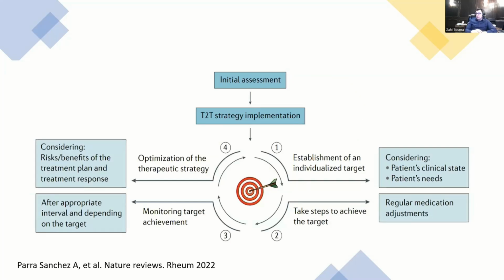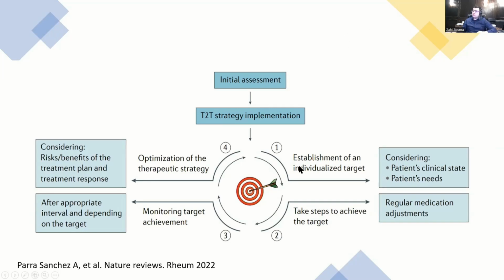So all this needs to be established, and this will be done step by step. But if we want to simplify this, and again, this is based on a recent approach that was published in Nature Rheumatology last year. And as you can see here, the first thing you need is to establish an individualized target for each patient. So consider the patient's clinical status and patient medication as well.